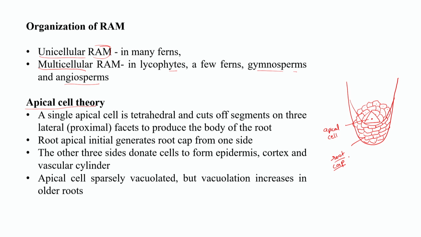The other sides will form the epidermis, the cortex, as well as the vascular cylinder. The apical cell is partially vacuolated because it is dividing, so the presence of a vacuole is not required as such, but in older cells it has sometimes been observed that vacuolation can increase.